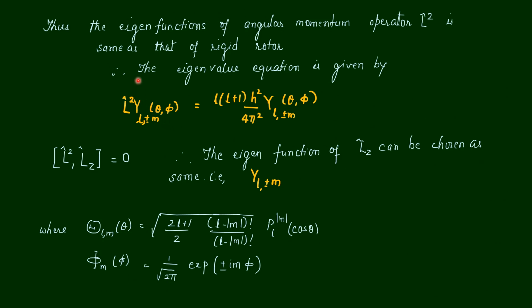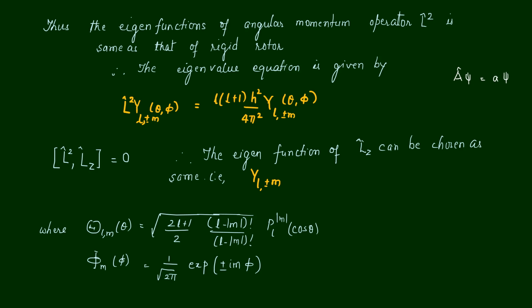Thus we see that the eigenfunction of the total angular momentum operator L square should be the same as that of the rigid rotor. And the eigenvalue equation, we know how we write it: the operator acting on a function gives the same function multiplied by a constant.